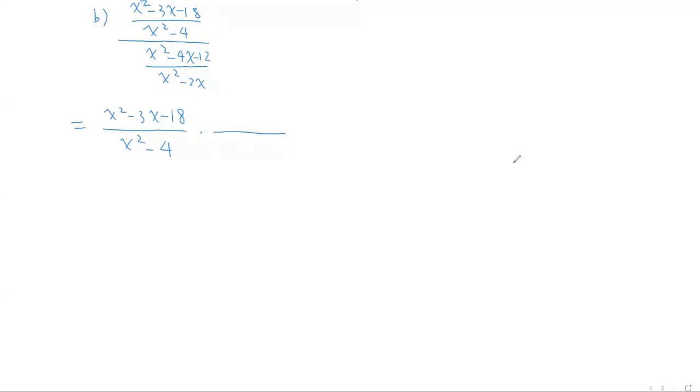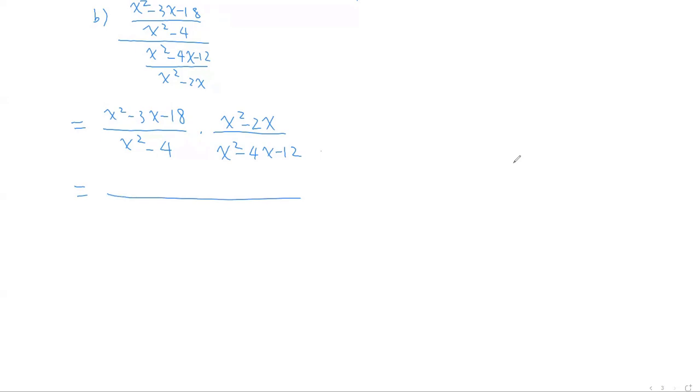So you flip the fraction. So you have x squared minus 2x over x squared minus 4x minus 12. Okay, then factor. This is multiplication, right? We factor.